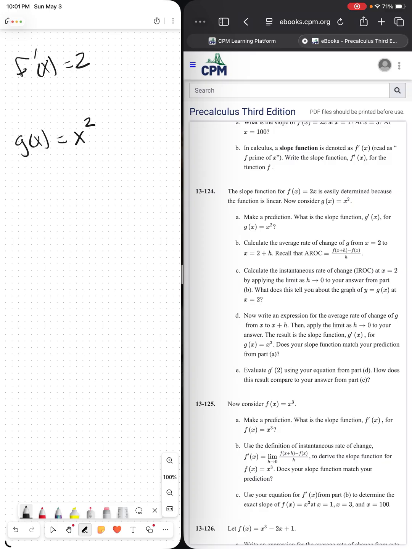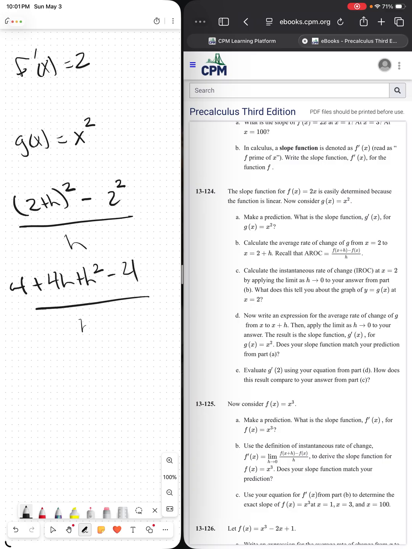But let's calculate the average rate of change from 2 to 2 plus h. This is going to be 2 plus h squared minus 2 squared all over h. Let's do the math: 4 plus 4h plus h squared minus 4 all over h. The 4's cancel. I have 4h plus h squared over h.